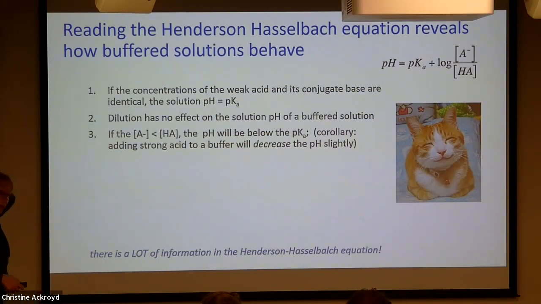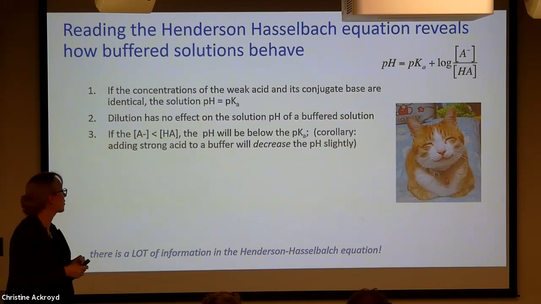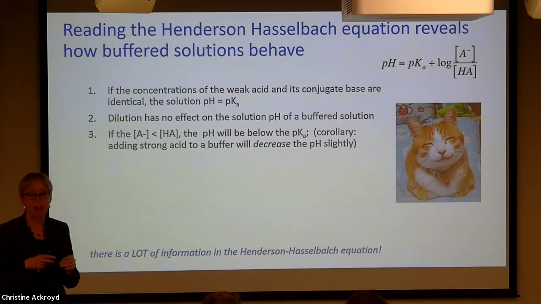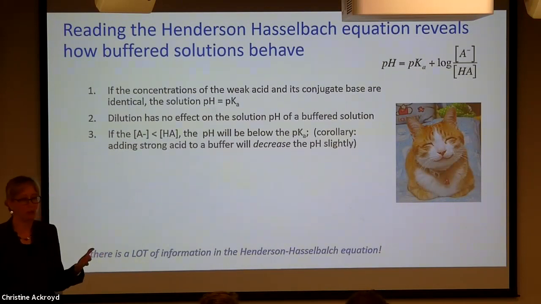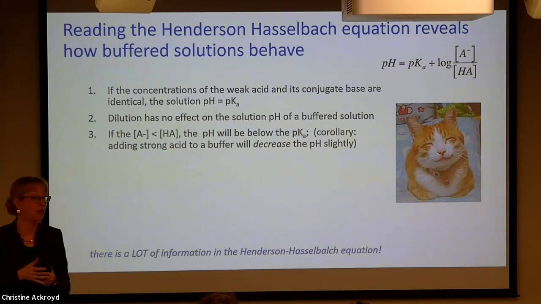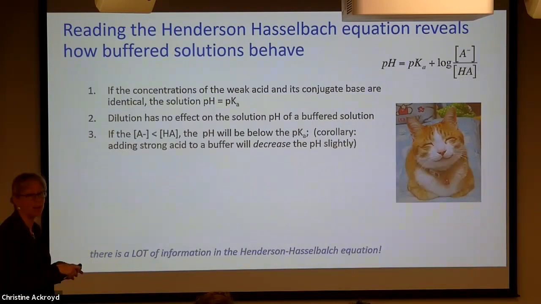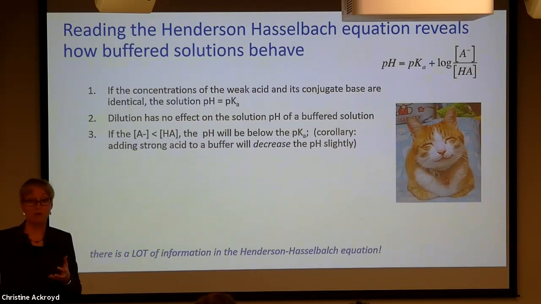Now I have on this slide the corollary, adding strong acid to a buffer will decrease the pH slightly. If we add strong acid to the buffer solution, what happens to the ratio? The strong acid will react with the conjugate base, convert it to the acidic form of the buffer pair, and change the ratio.